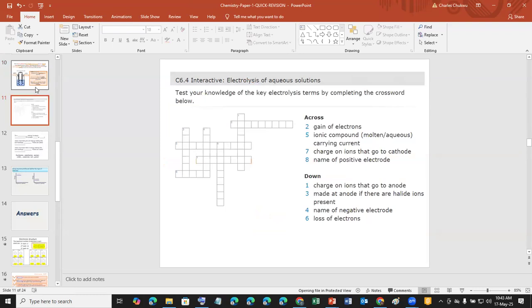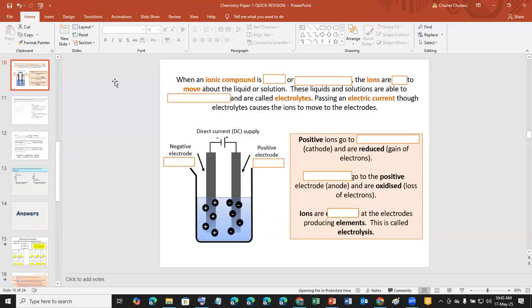Now, remember that I said sodium is a positively charged ion, right? Yes. So it would naturally go towards the negative electrode. Why is that? So that it can be stable again, right? It will go towards the negative electrode because it will receive an electron.